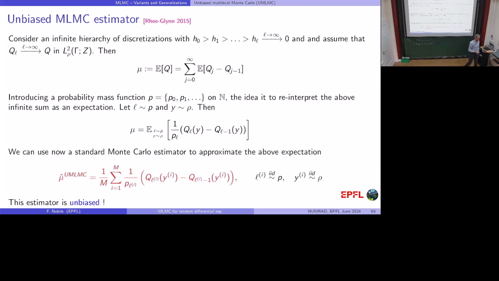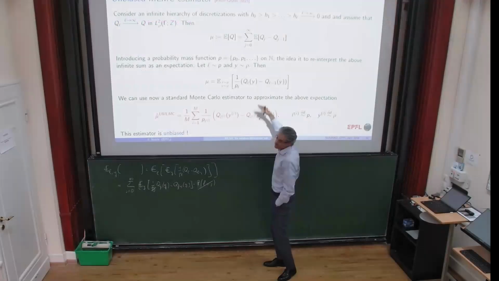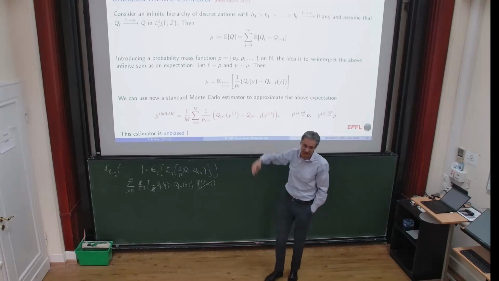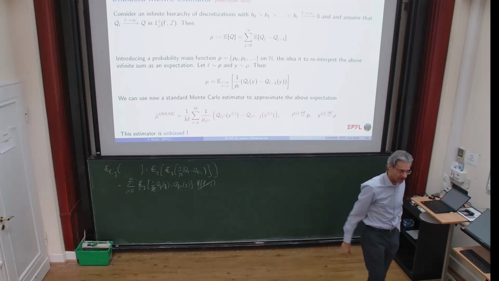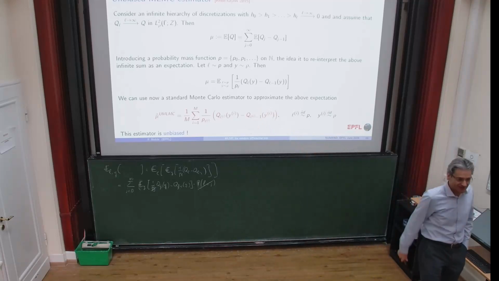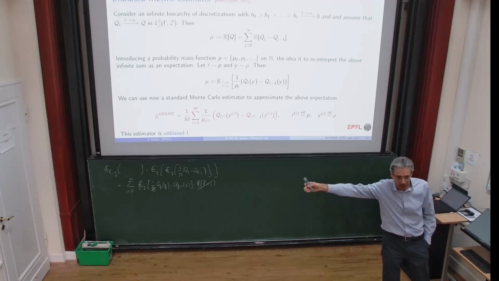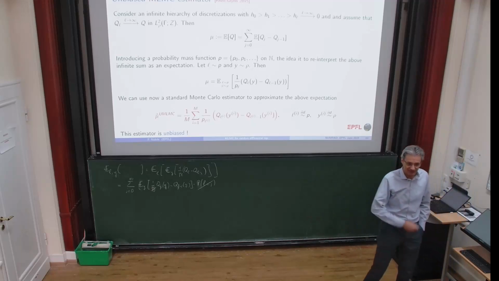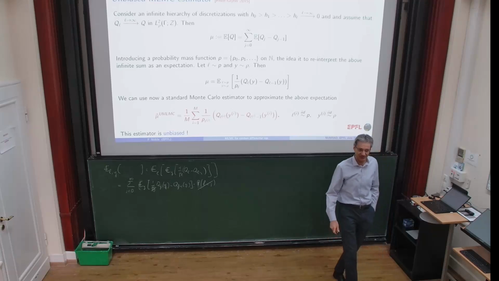Okay? That's the trick. So ideally, if you keep on sampling, of course, this probability mass function has to sum up to 1, so the probability of getting very high levels becomes smaller and smaller. But if you keep on sampling, eventually you will explore all the levels. Eventually, you will converge to the true value.